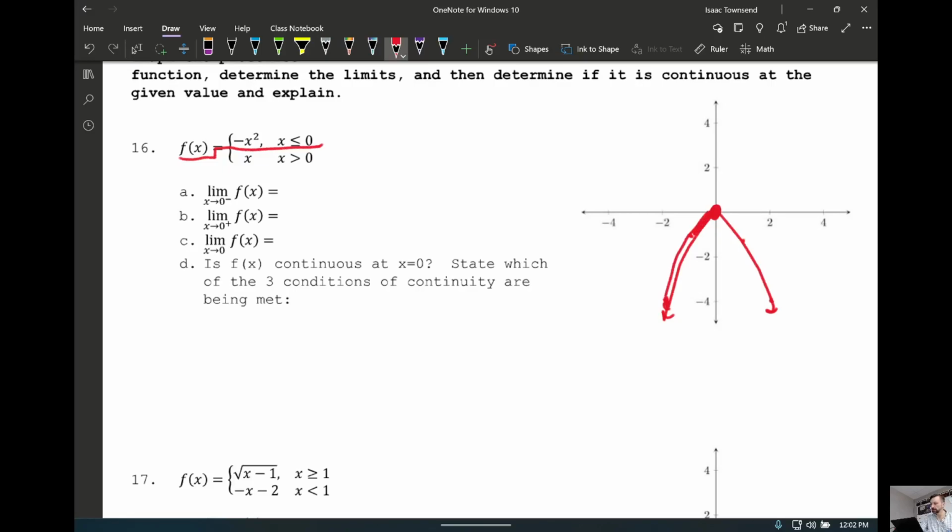So I'm going to keep the left part of this graph and not keep the right part of the graph. The other piece of my piecewise function says that sometimes it's y equals x. So if you can graph y equals x, you graph it. But only keep it when x is greater than 0. So I should keep the parts to the right and not the parts to the left.